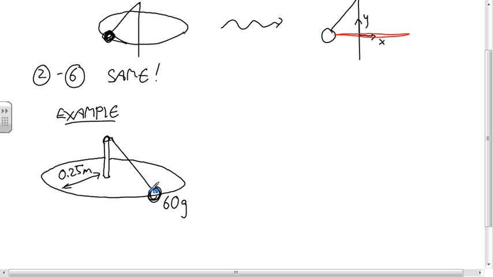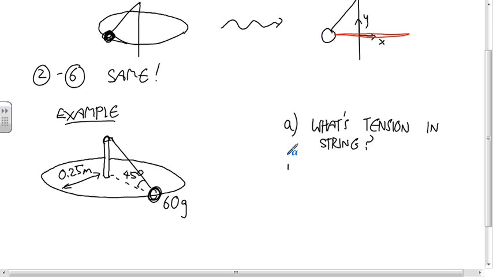And let's say that this angle is 45 degrees. We want to figure out two things. First, what's the tension in the string? And second, what's the speed of the ball?